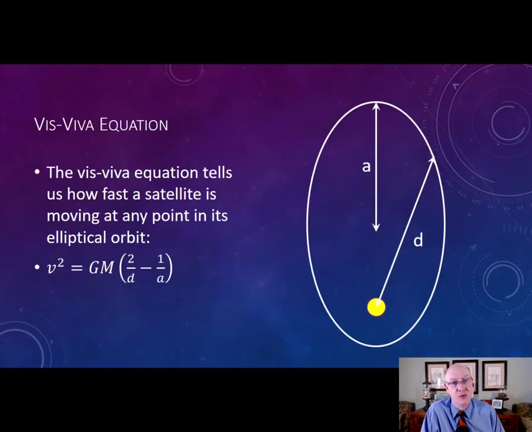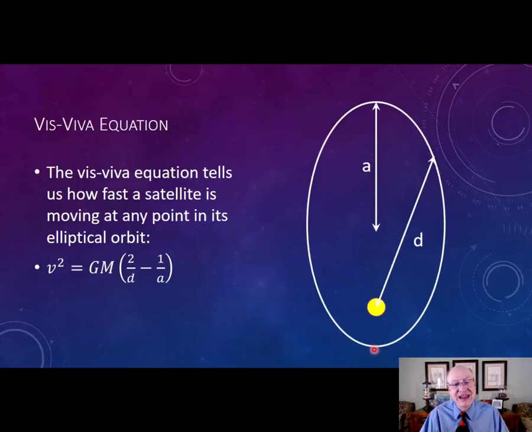The Vis-Viva equation describes how fast you're moving at any moment in time in an elliptical orbit. And here's the equation. At any moment in time, your velocity squared is equal to G times M times this quantity: 2 over your current distance from the orbiting body minus 1 over the semi-major axis. It's just a little bit of algebra, and so we just need to plug numbers into that. And so let's do this for our Hohmann transfer orbit.